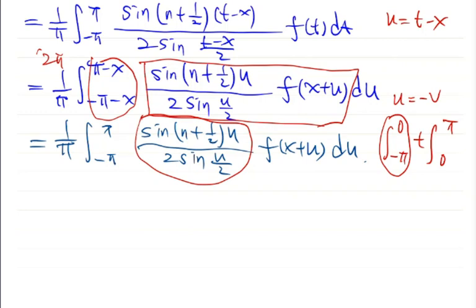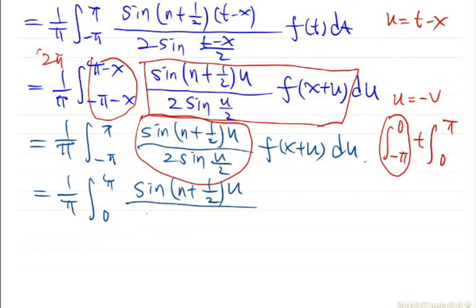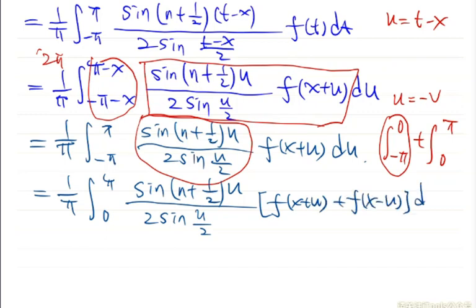So a simple computation will obtain 1 over pi, integral from 0 to pi of sine (n plus half) u over sine u over 2, then f(x plus u) plus f(x minus u) du.